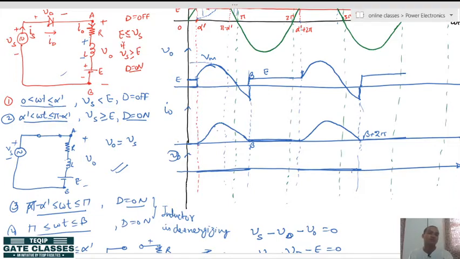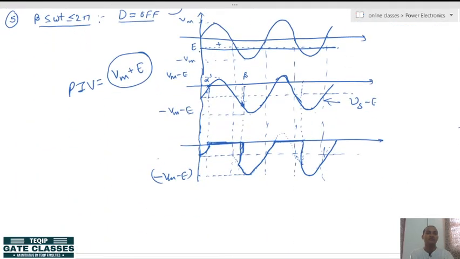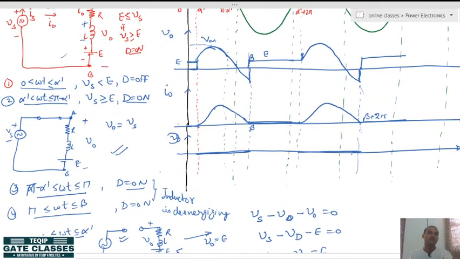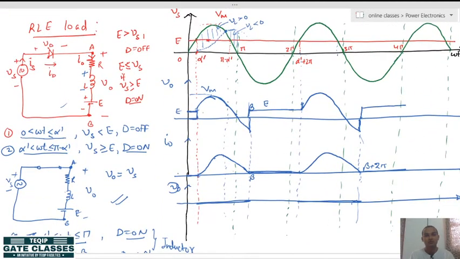Before that analysis we have to again find the average output voltage and the RMS output voltage. In the case of average output voltage, the time period is again 2 pi.